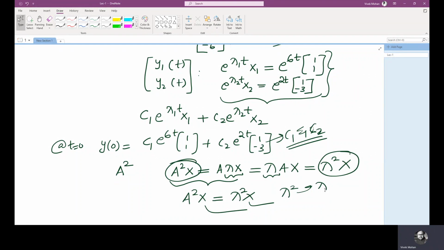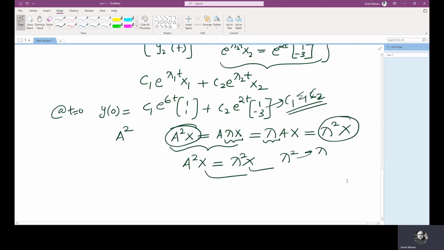Our lambda 1 was 6 in the previous example. Now it will be lambda 1 squared equals 36. Our lambda 2 was 2, and now it is lambda 2 squared equals 4.